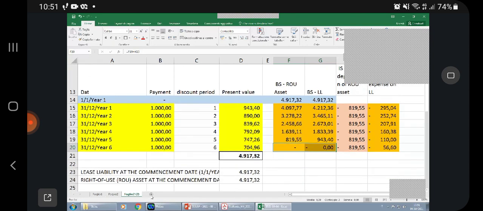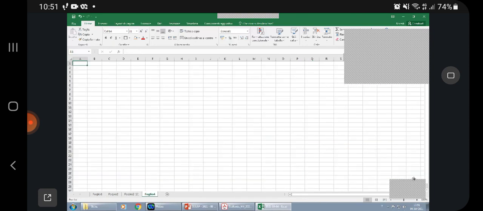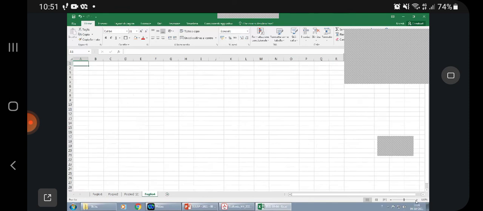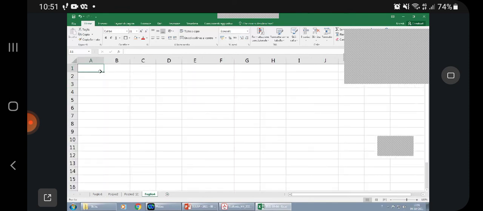A few things. First, the lease term. In the exercise that we have just discussed together, the lease term was equal to 6 years. 6 years was the term of the contract. Okay?